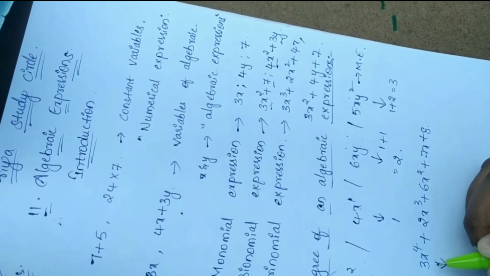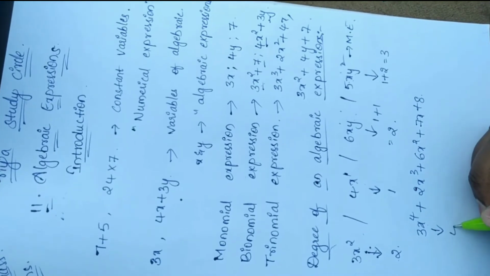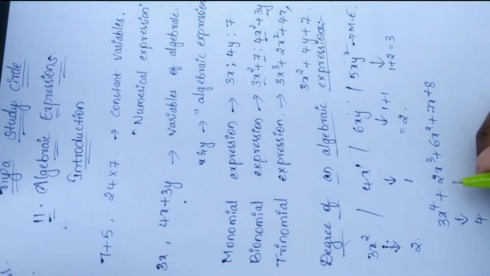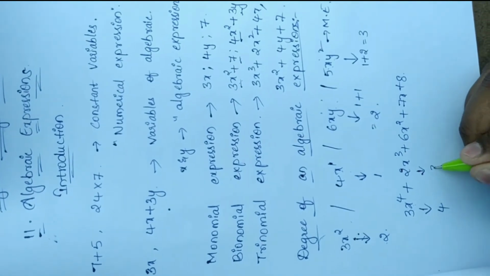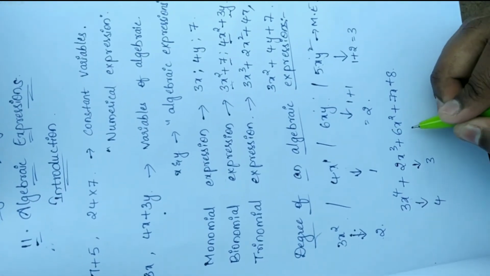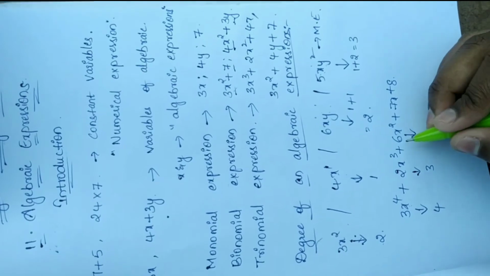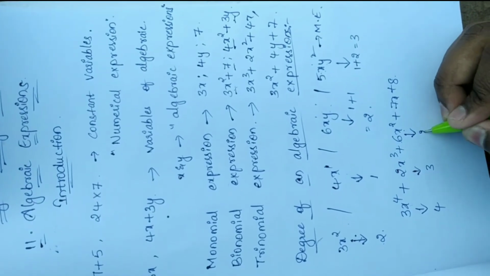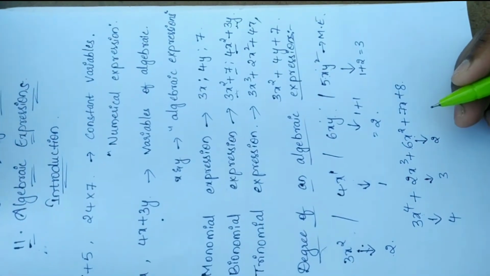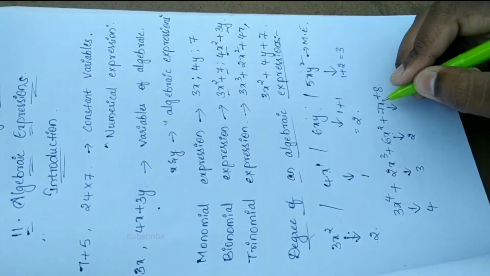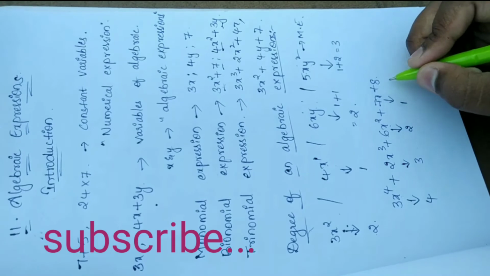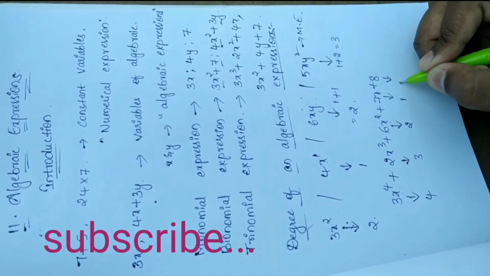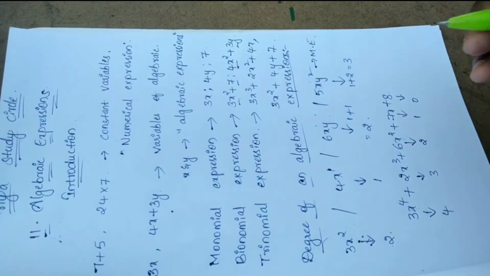Here the degree of 3x power 4 is 4 because the power of x is 4. Here the degree of 2x cube is 3 because the power of x is 3. Here the degree of 6x square is 2 because the power of x is 2. Degree of 7x is 1 because the power of x is 1. Here the degree of 8 is 0 because it is constant.